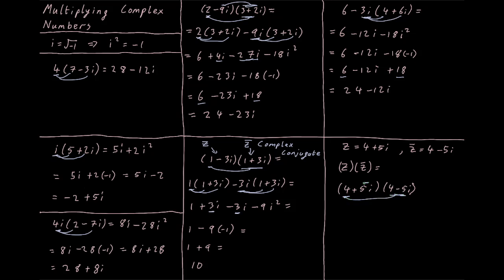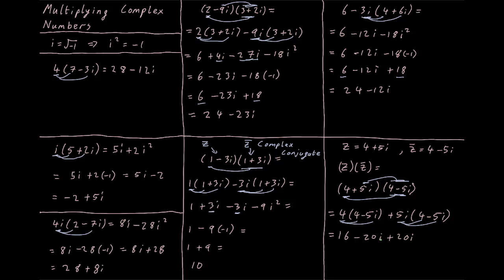I have 4 of my second bracket plus 5i of my second bracket, and I write that out fully and follow all of my multiplying out rules that I would know for any algebraic bracket at all. So I end up with 4 times 4 is 16, and so on for multiplying out all of my parts. 4 by minus 5i is going to be minus 20i. Plus 5i times 4 would be plus 20i.